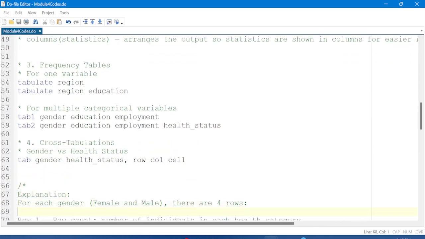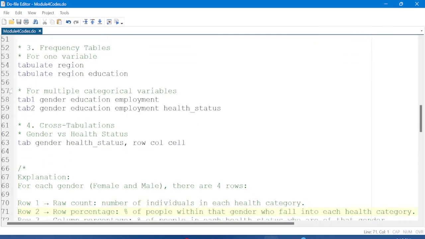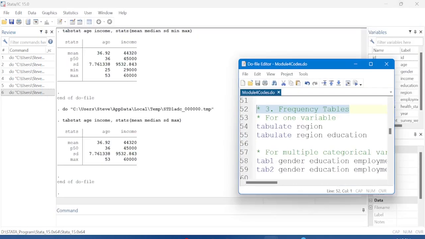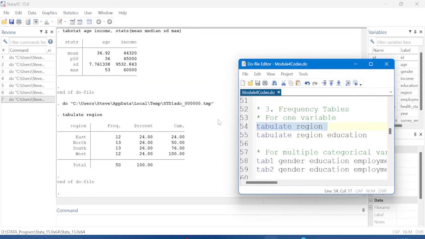And now let us tabulate or produce some frequent tables. So we want to plot a frequent table using STATA. And in STATA, to create a frequent table, you just need to issue the command tabulate. Upon running this, we find the frequent table for region.